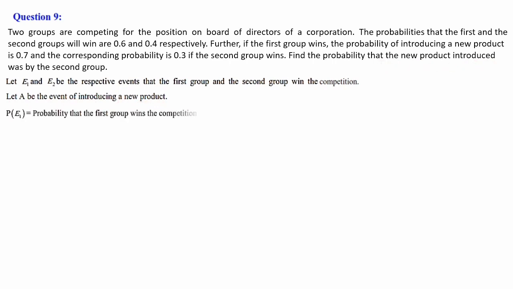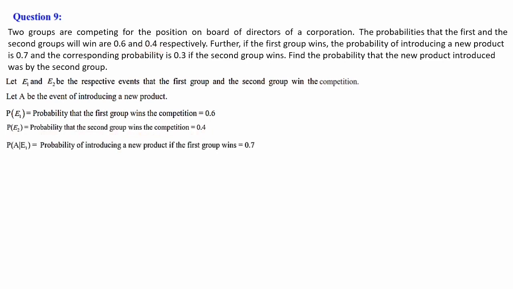So let's take P of E1, the probability that the first group wins the competition, that is 0.6. P of E2, the probability that the second group wins, is 0.4. Next, P of A given E1, the probability of introducing a new product given that the first group wins, is 0.7.